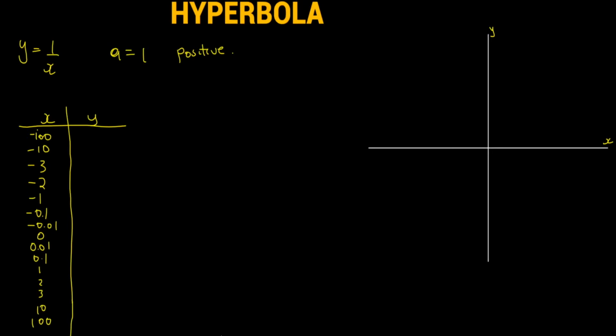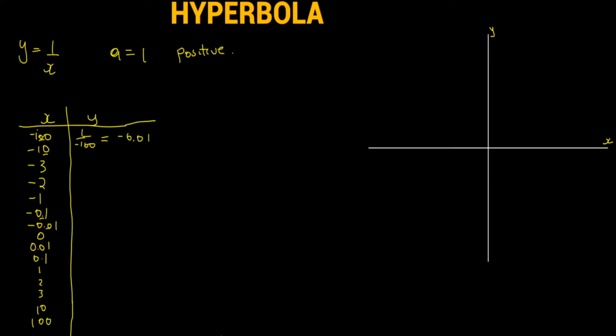As you can see, I have x is equal to minus 100 and minus 10 and 0.01 and 0.1. From here, I want you to see what happens when the number gets bigger and when the number gets smaller. So when x is equal to minus 100, y is going to be equal to minus 0.01.